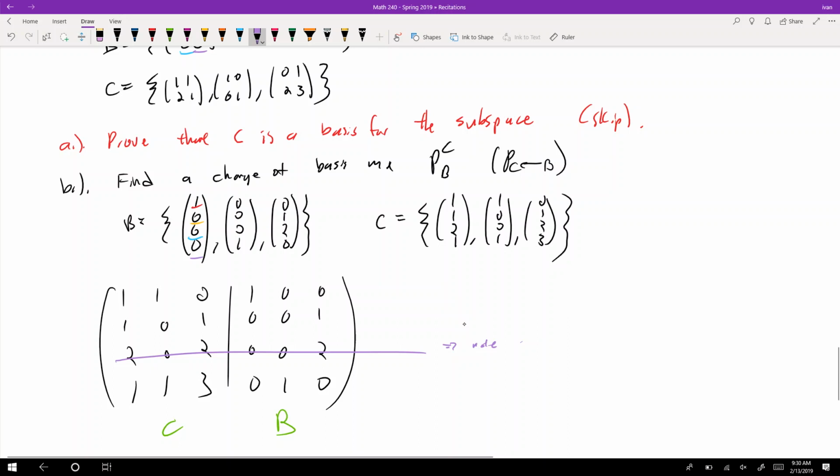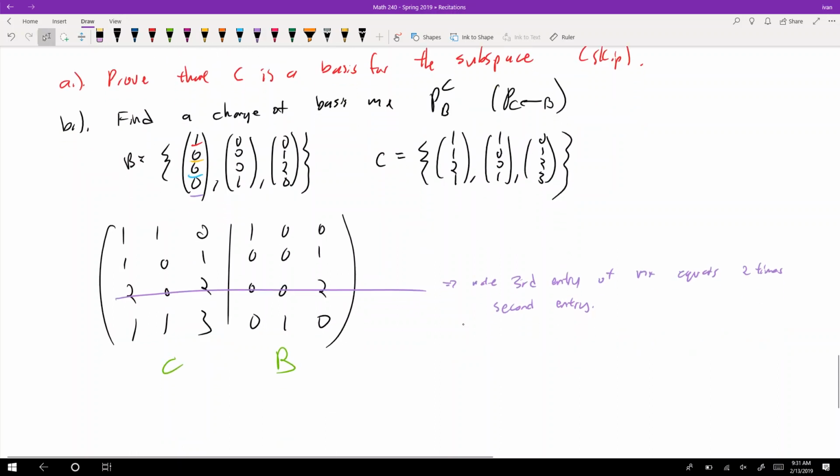And remember, row 3 corresponds to the third entry in our matrix. So we just make a note to ourselves that the third entry of our matrix is always 2 times the second entry, because the third row is just 2 times the second row.